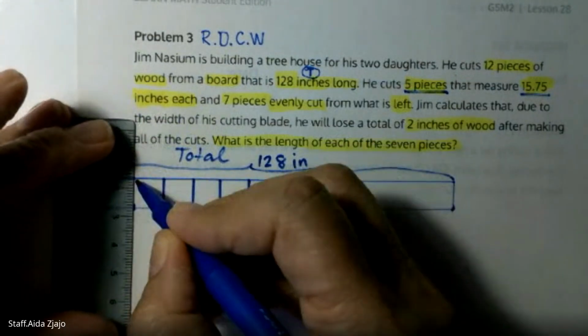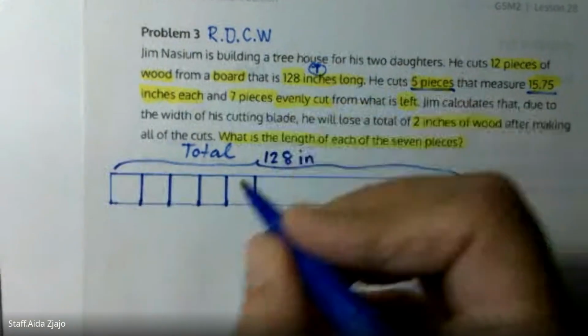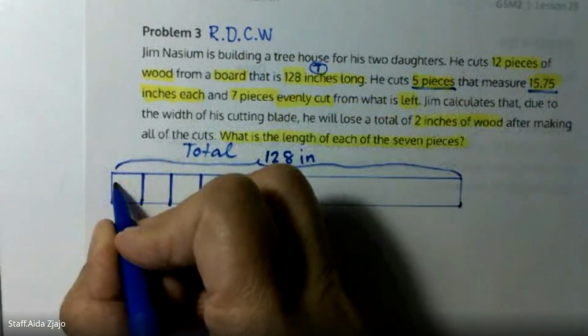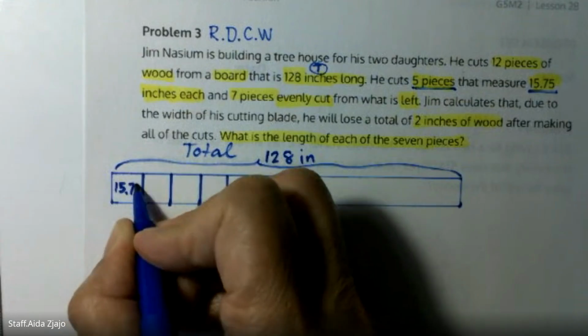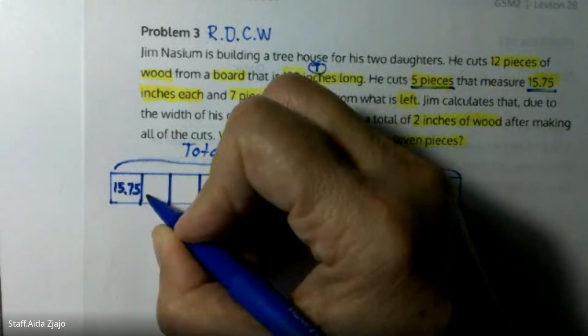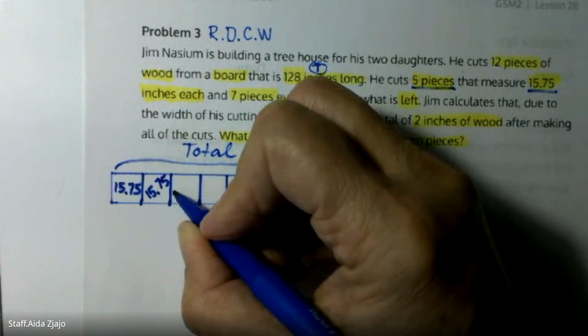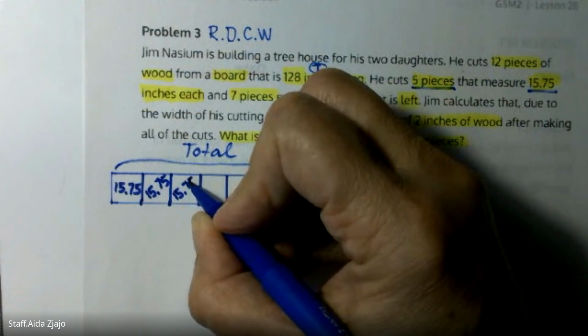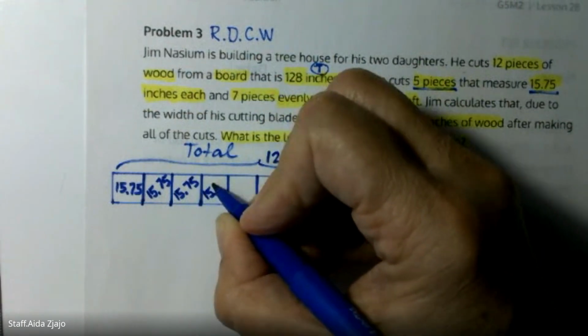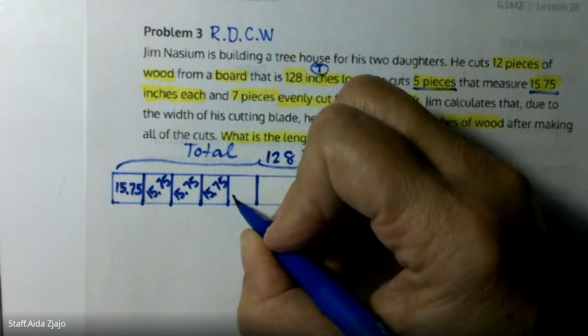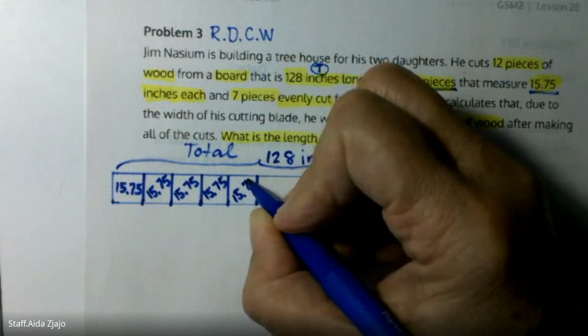And he knows he needs them to be 15.75 each.